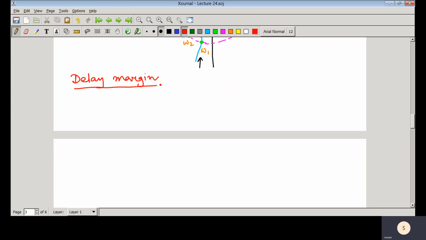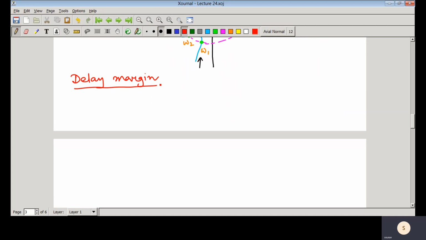The delay margin tells us how much delay can be introduced into the loop so that the system remains stable. That means it gives us a margin, and if we introduce a delay more than that margin, then the system would be unstable.